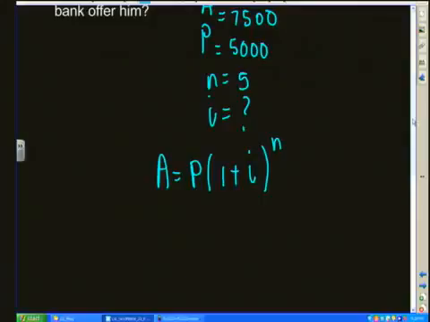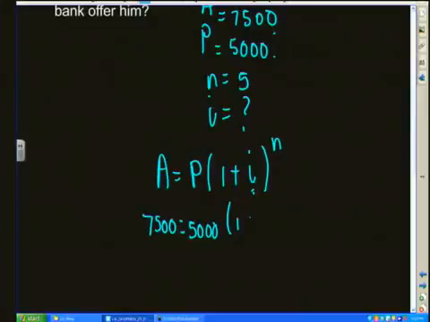All right. Once again, we're going to fill in the values that we know, and we're going to strip it away to look for I. Okay. So A, the final amount, we know is 7,500. Your initial amount was 5,000.